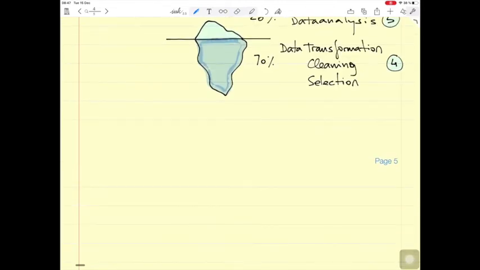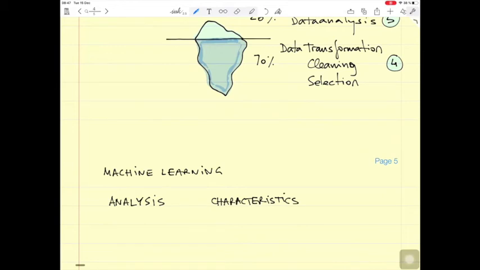So when we do machine learning, there are three types of analysis, depending on their characteristics and their implementation.